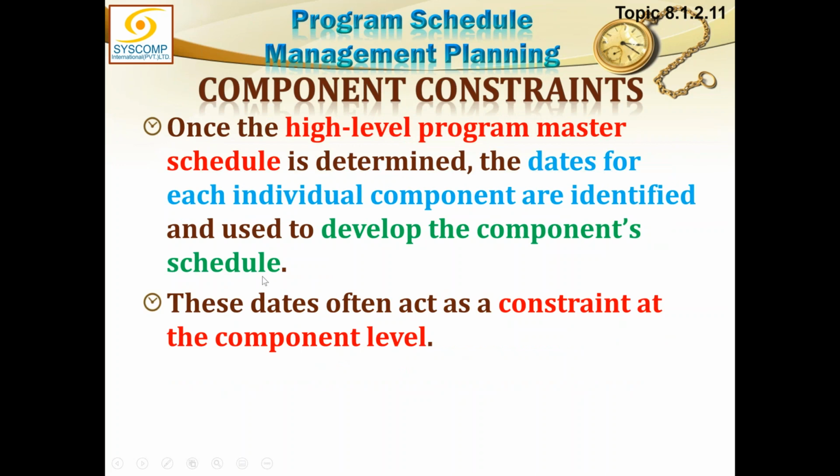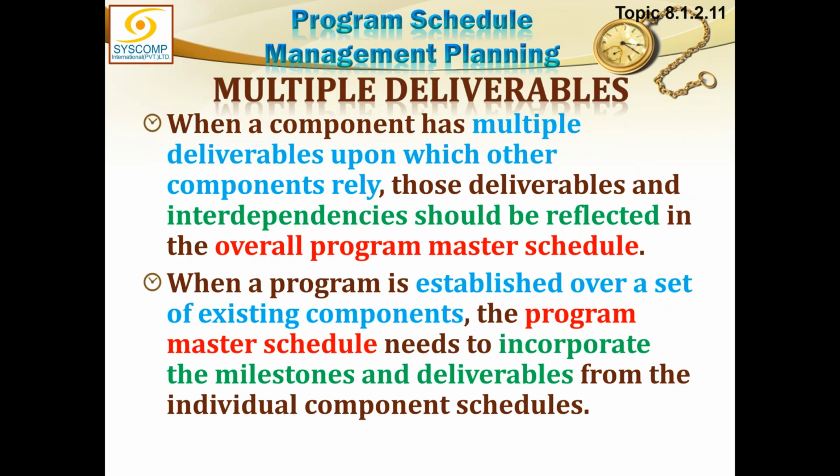Once the high-level program master schedule is determined, when a component has multiple deliverables upon which other components rely, these deliverables and interdependencies should be reflected in the overall program master schedule.